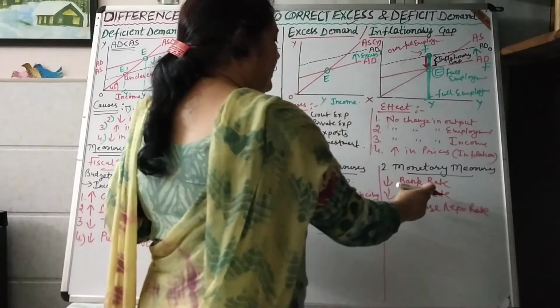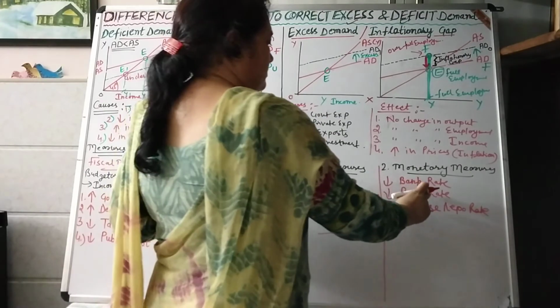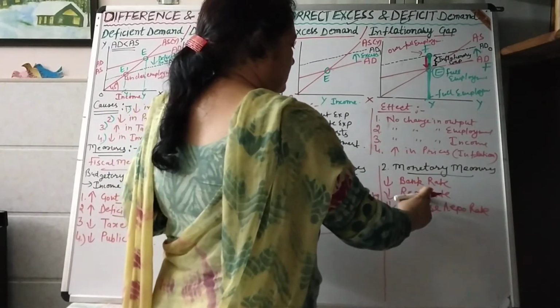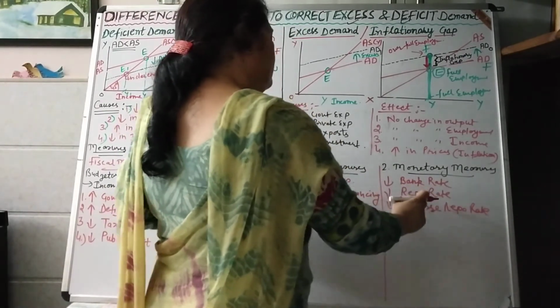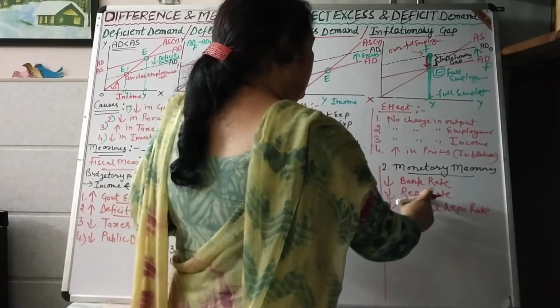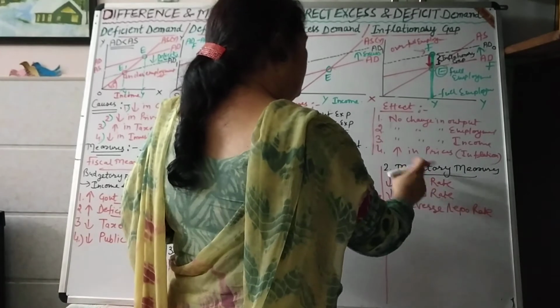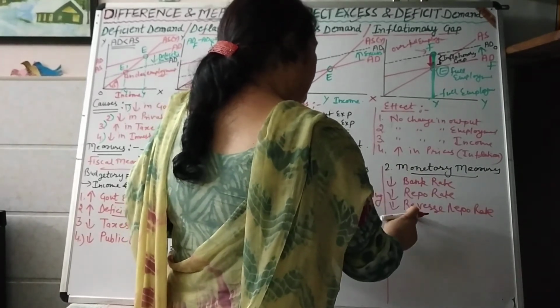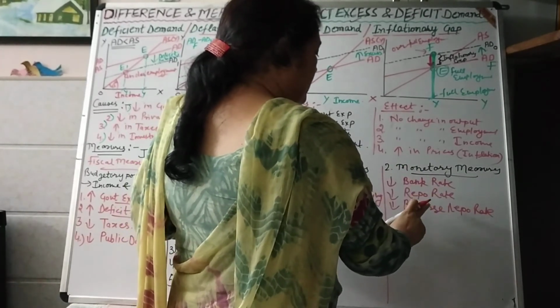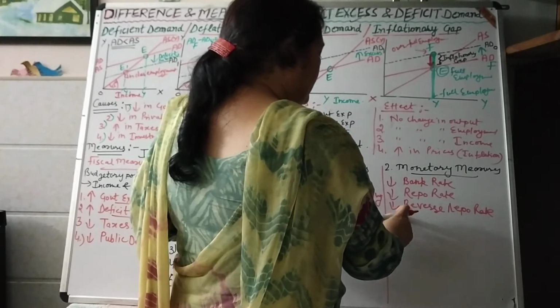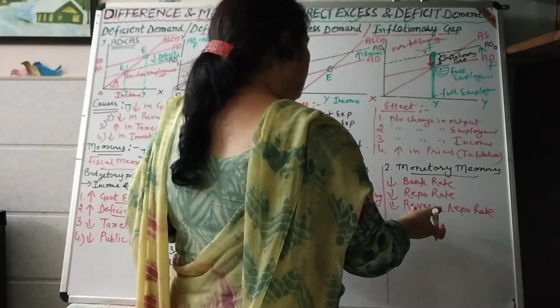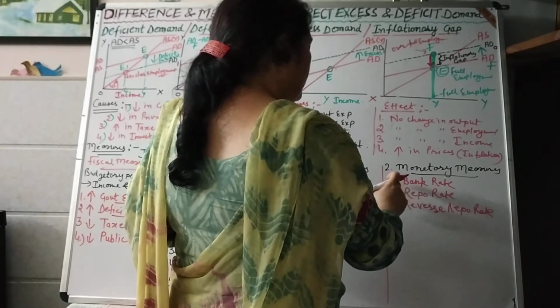Repo rate is the rate at which commercial banks create credit for short period without any securities from RBI, and reverse repo rate, in this commercial banks kept their extra savings or extra funds with RBI.